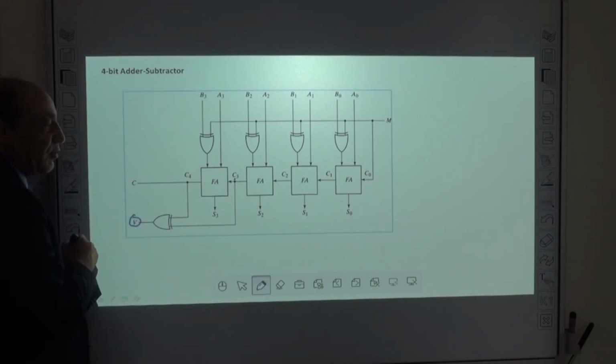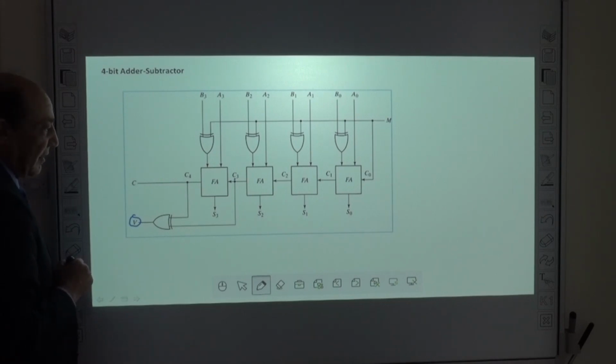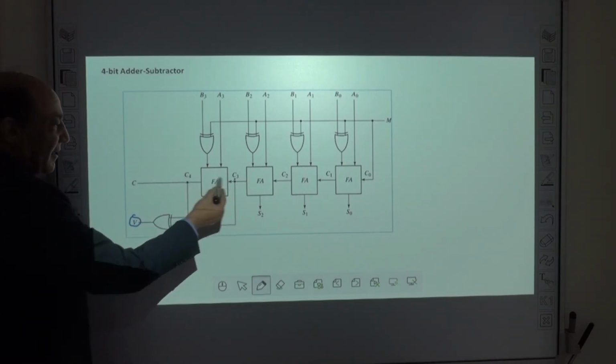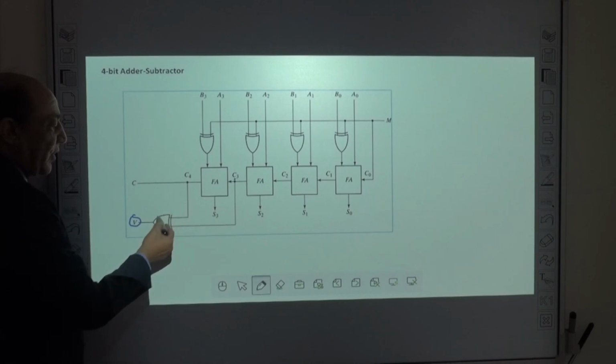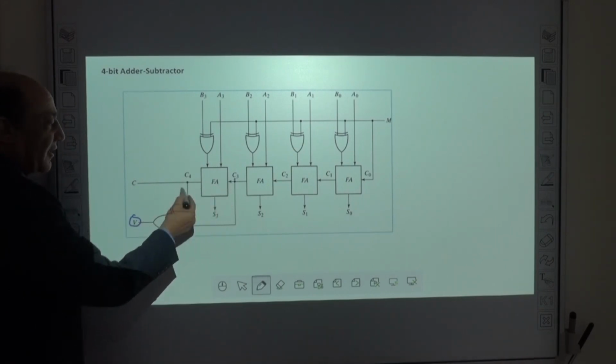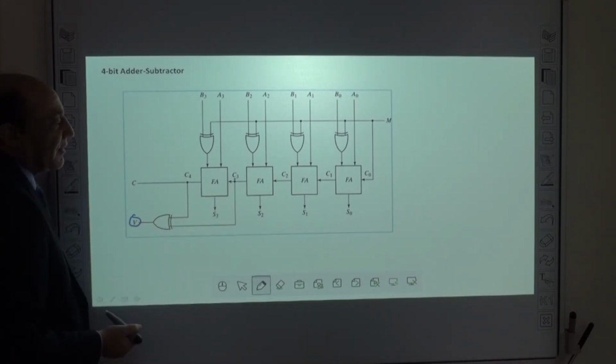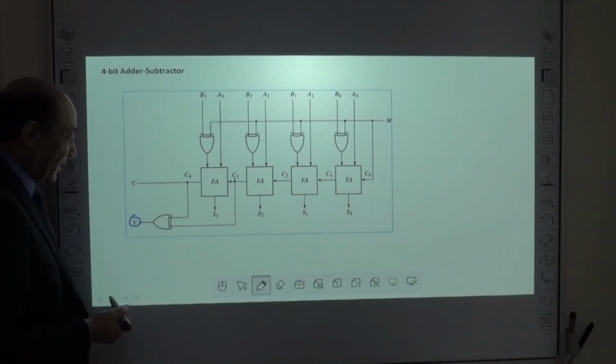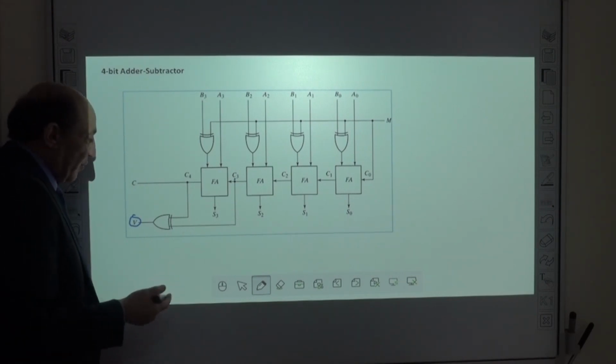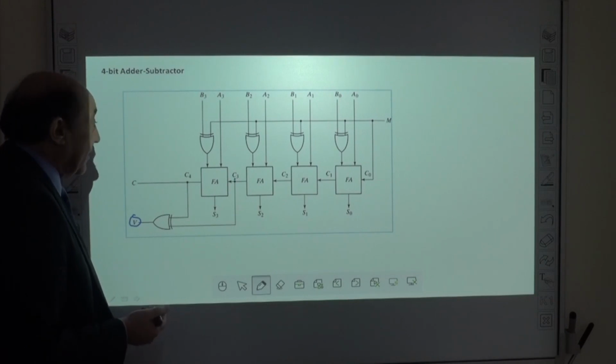If the carries are different, then we have overflow. But if they are equal, then we haven't any overflow. And we explained this in the lecture of representing signed numbers.